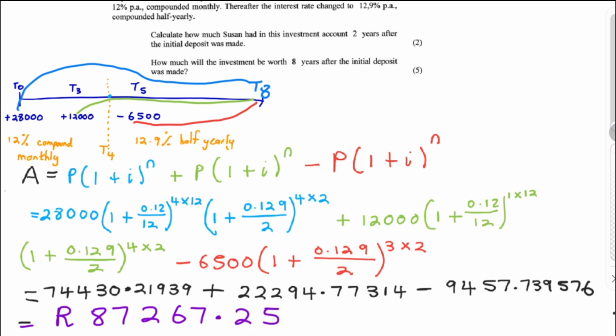So the important thing when you get these type of problems is that you treat each amount separately, whether it's a deposit, whether it's a withdrawal, and just be mindful if there are also interest changes during the course of that account.